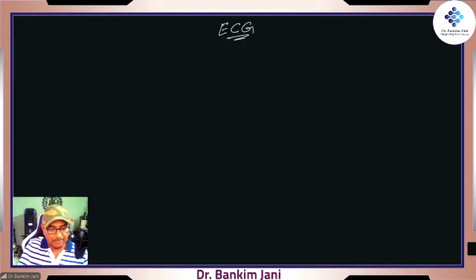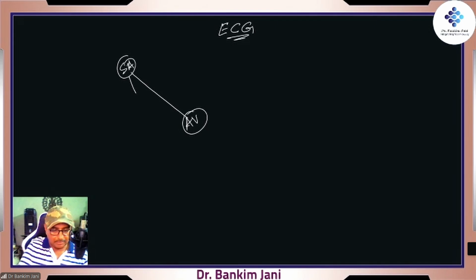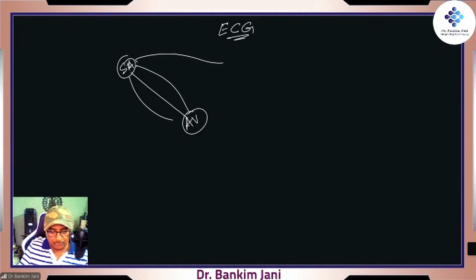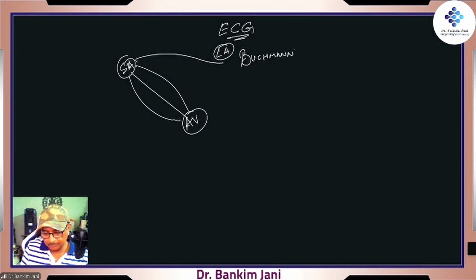So in ECG, we said that there was the SA node, then there was the AV node, correct? And then there was one extra branch, which was for the left atrium, right? That is Bachmann's bundle.